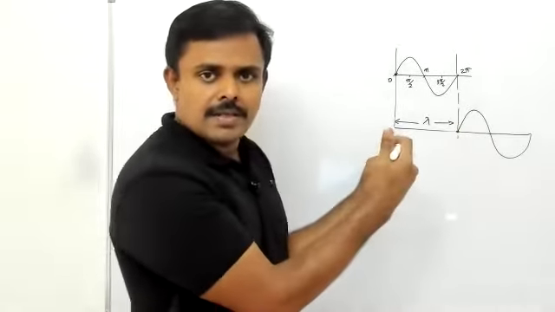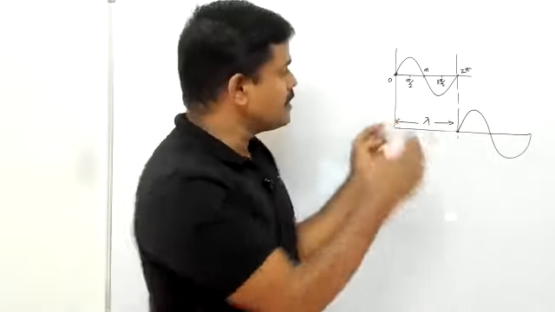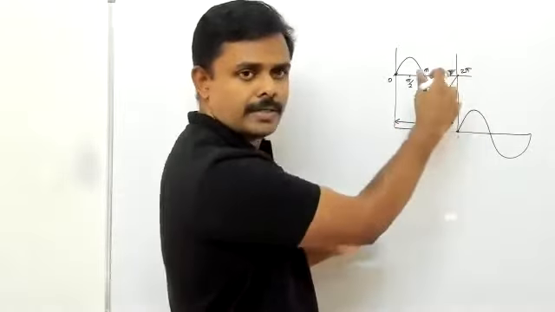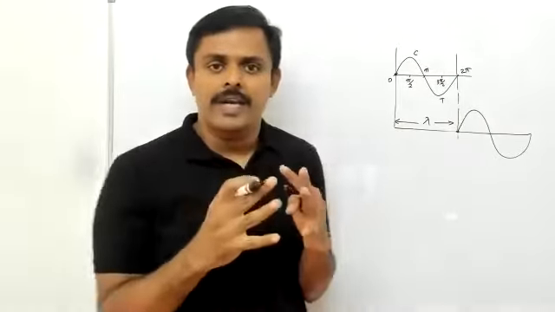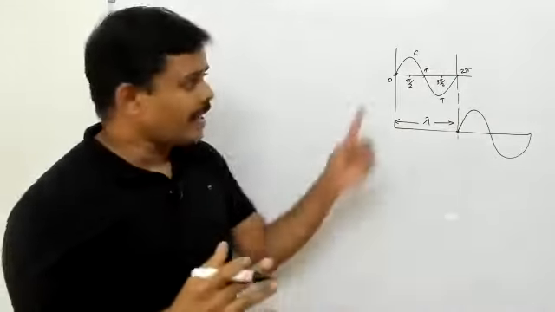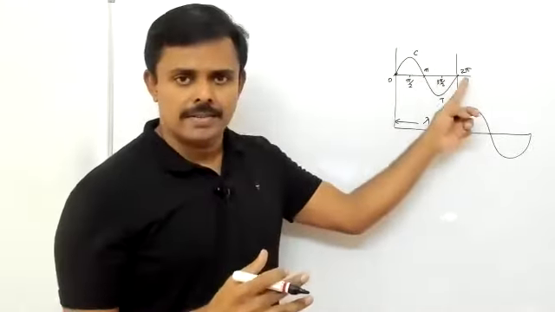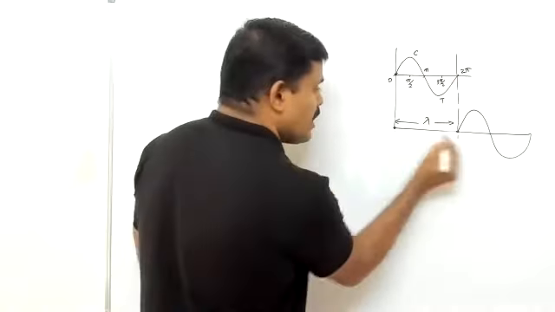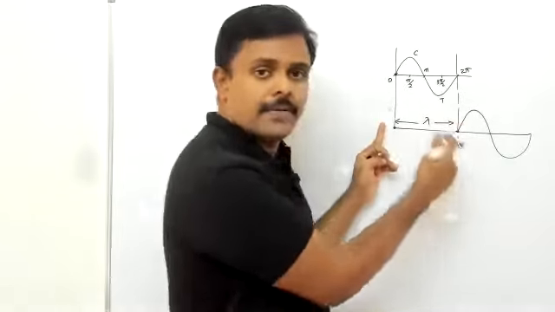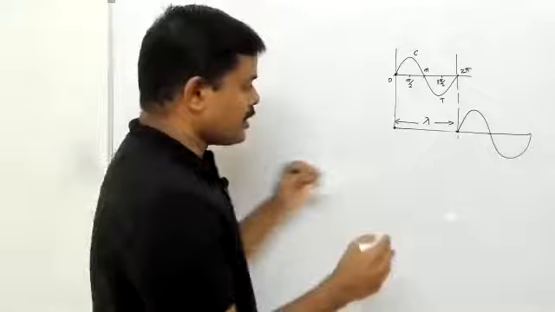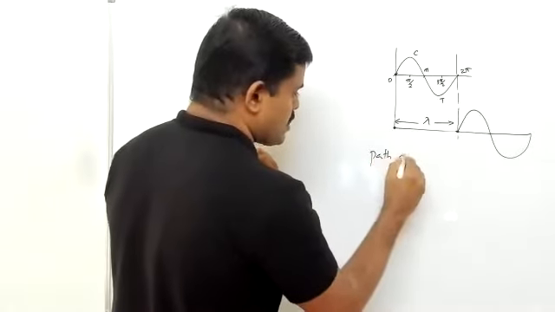Path difference is lambda. Wavelength, one wave's length, right? This is called a crest and this is called a trough. Crest and trough together make a wave. So the length of this wave is called wavelength. So the distance between this point and this point, which are the starting points of these two waves, will be equal to lambda. So I could say that the path difference is lambda.